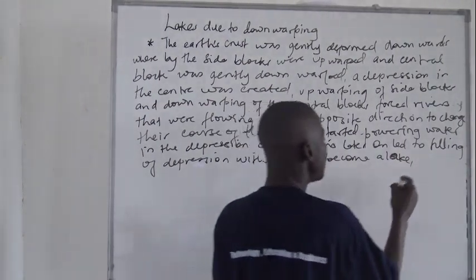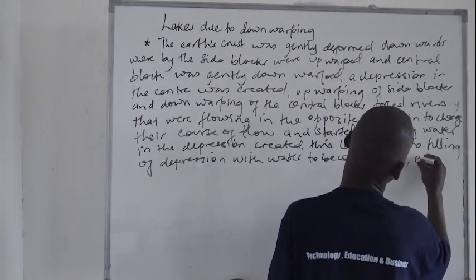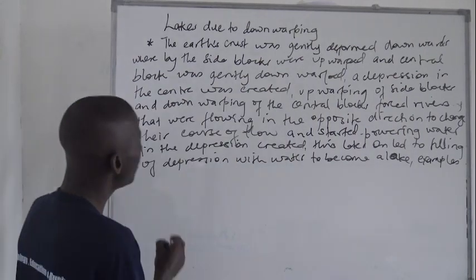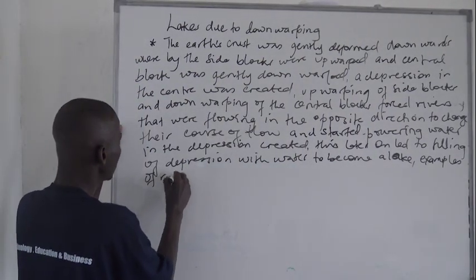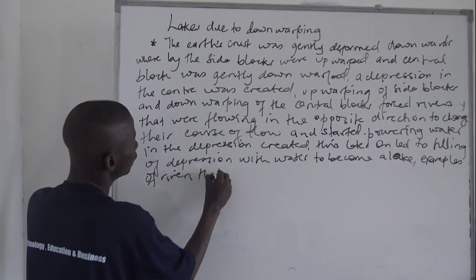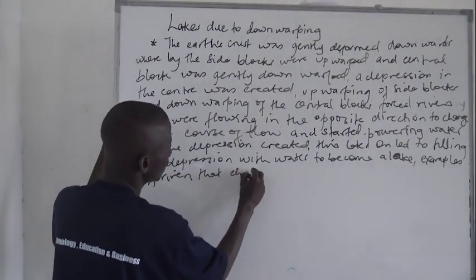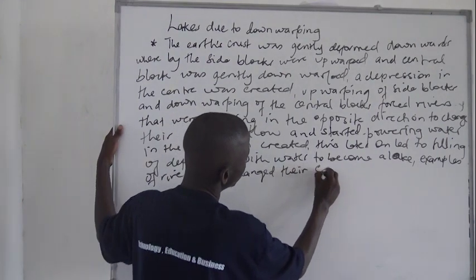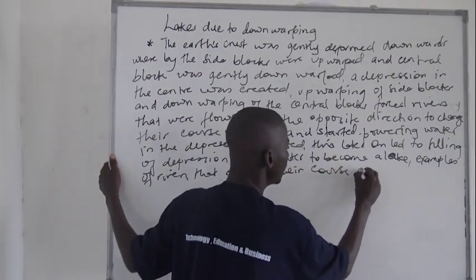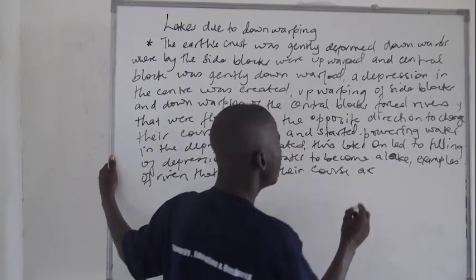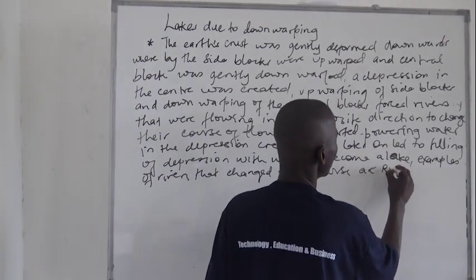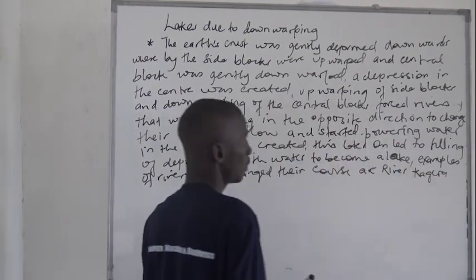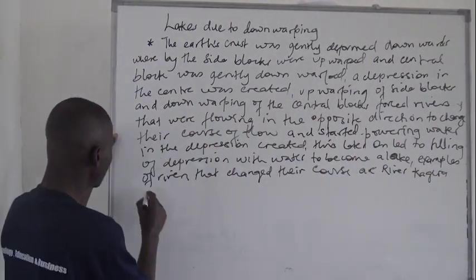Examples of rivers that changed their course: we have River Kagera, which was flowing westwards.